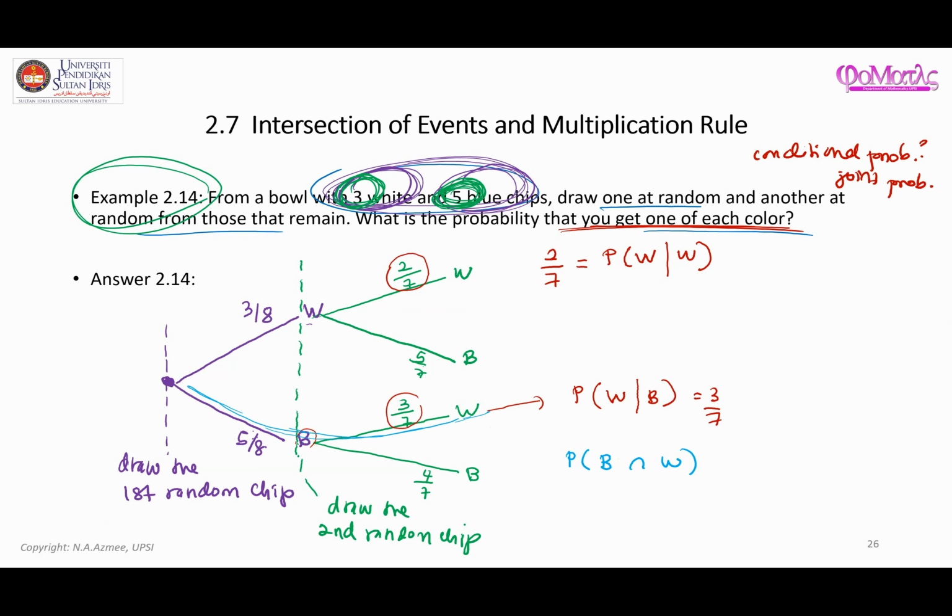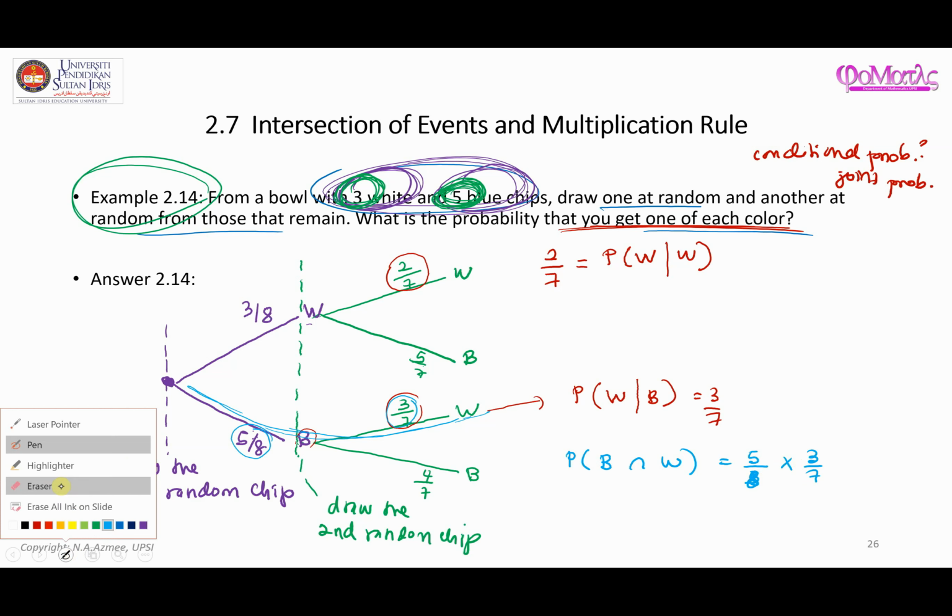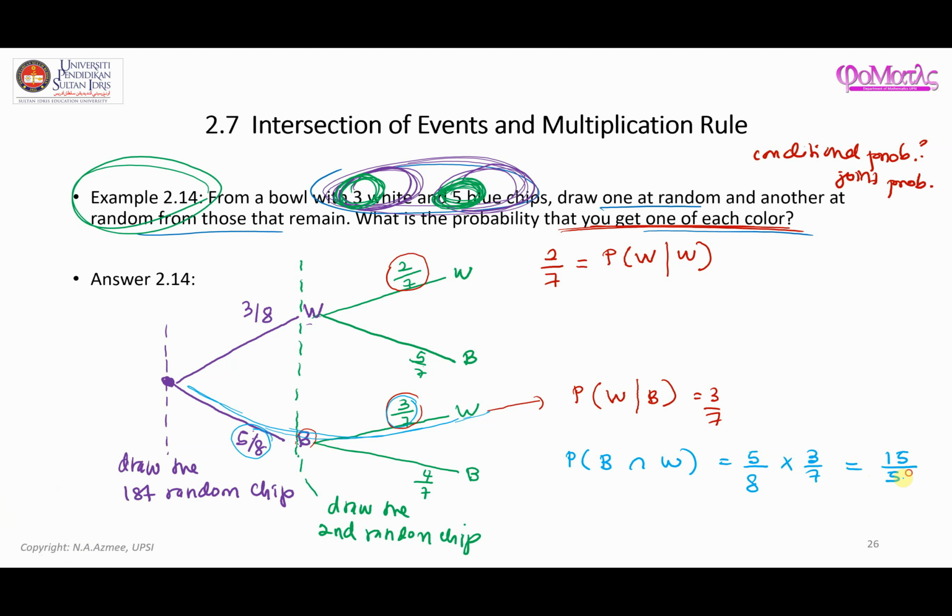And if you follow the idea of simple solving of probability problems, you're just going to find 5/8 times 3/7, and this is equal to 15/56.